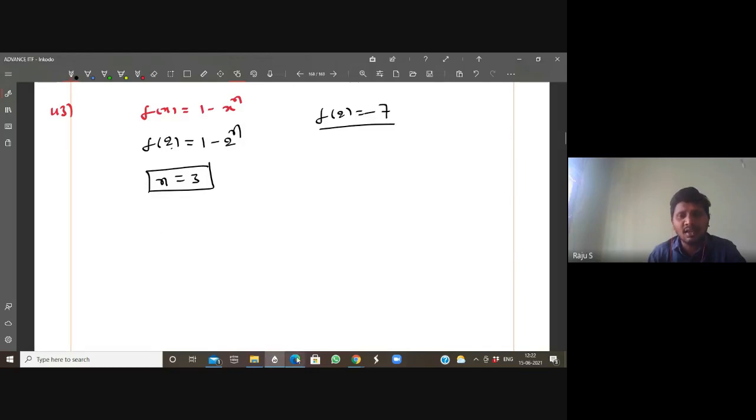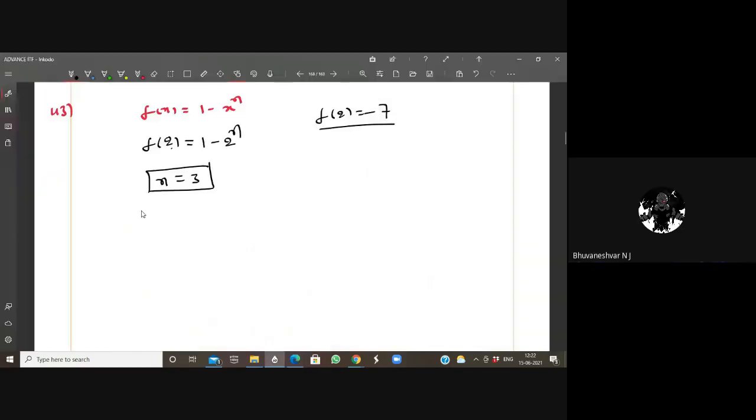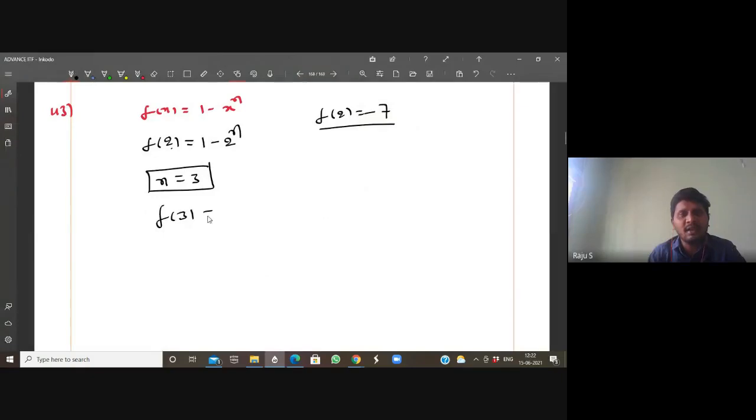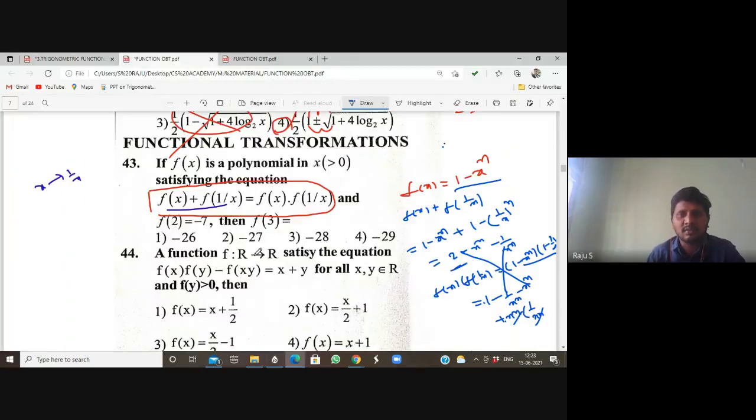But what is the question they are asking? f of 3. f of 3 is 1 minus 3 power n. You already got the n value, so substitute it here. This is 1 minus 3 power 3, that is 1 minus 27, which is minus 26. Minus 26 is the right answer.